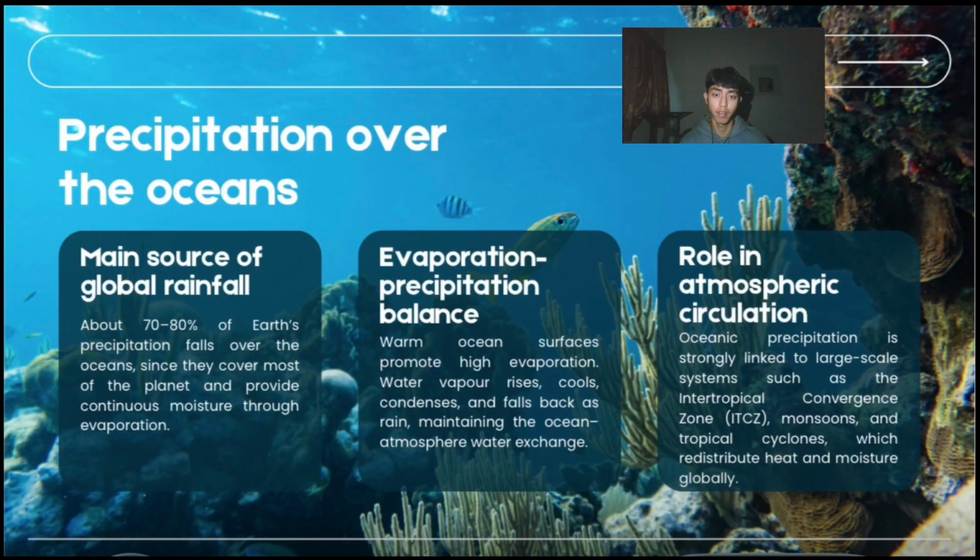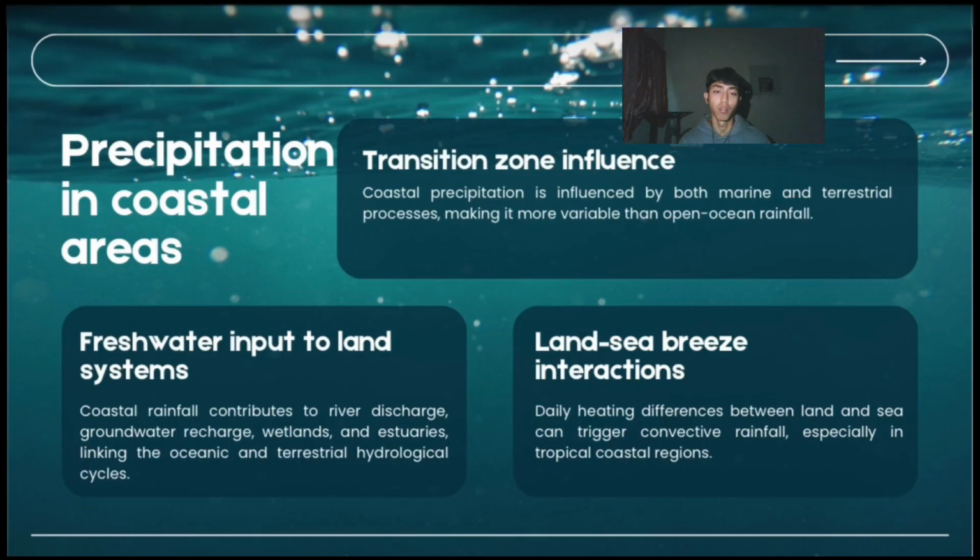For the coastal areas, there are also three components. First is transition zone influence. Coastal precipitation is influenced by both marine and terrestrial processes, making it more variable than open ocean rainfall. Second, freshwater input to land systems.